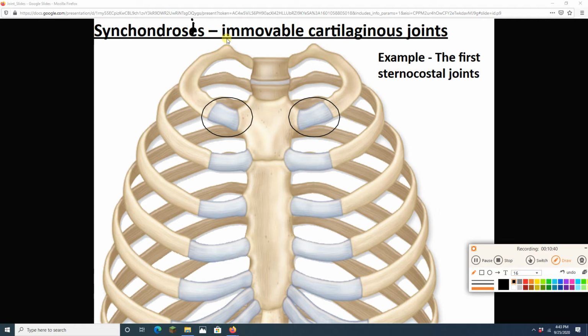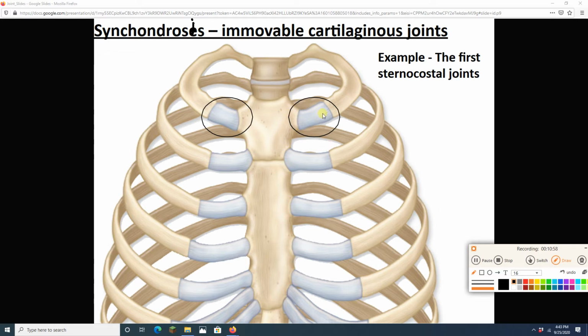An example is the first sternocostal joint, okay? So this rib joint here, first rib and the manubrium of the sternum right there, that joint is immovable, and it has hyaline cartilage in it.